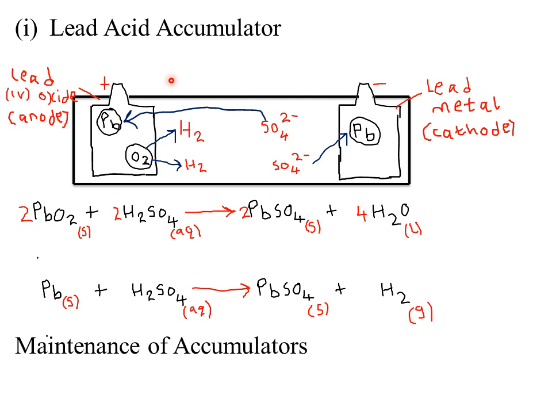Another question can be asked here. We are saying that a lead acid accumulator consists of 6 cells arranged in series. Somebody can ask you to give a reason for the advantage of using a lead acid accumulator over 6 dry cells arranged in series. When 6 cells are arranged in series in a lead acid accumulator, they offer less resistance to the flow of current.